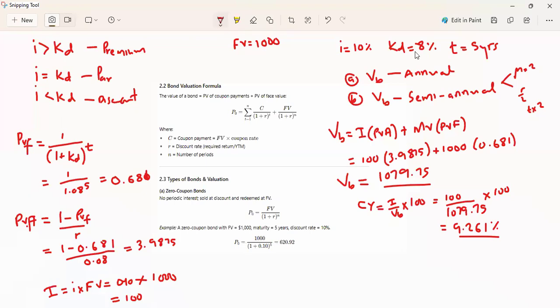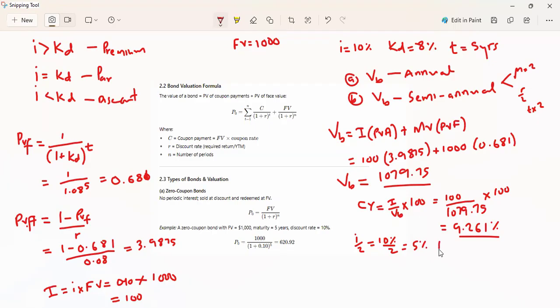So what was our interest rate? Divided by 2, we get what? 5%.